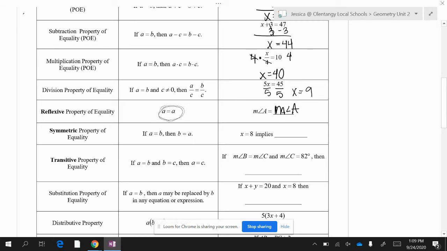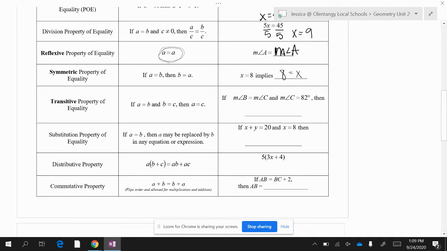The symmetric property of equality, you can flip the order. So x equals 8 implies that 8 equals x. Transitive property of equality. If A equals B and B equals C, then A equals C. So we're looking for some sort of overlap.